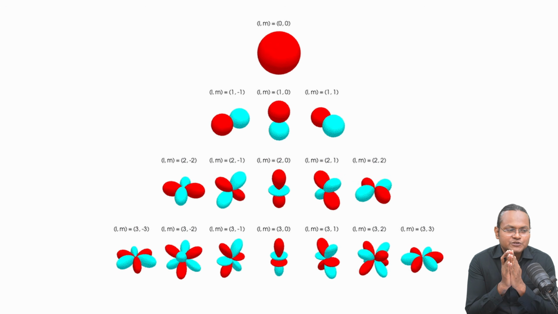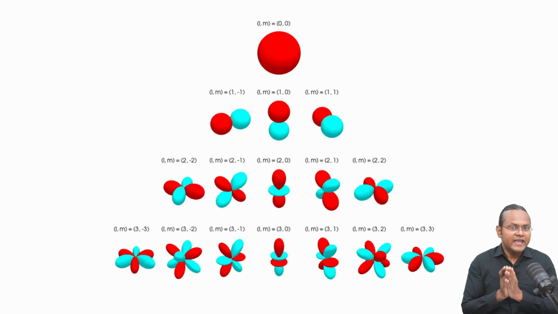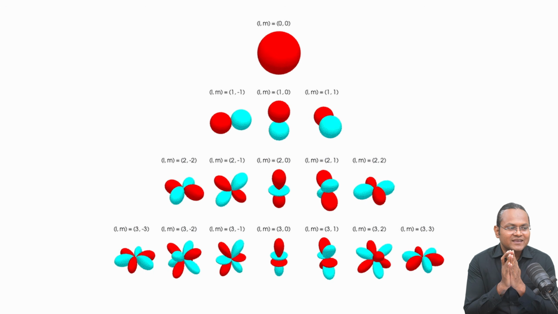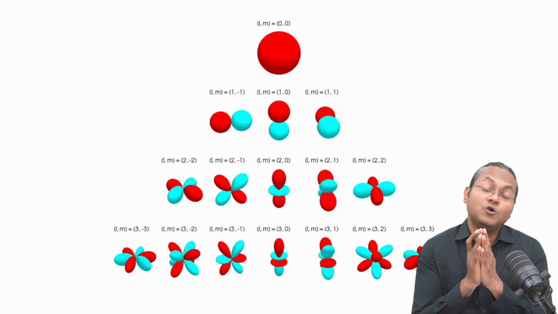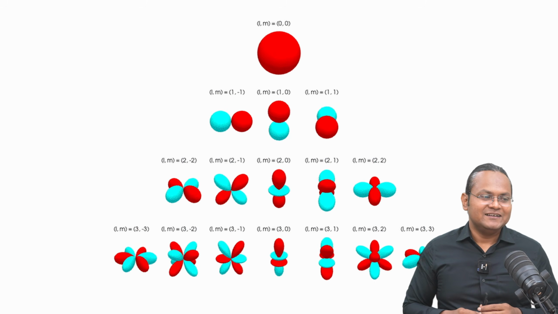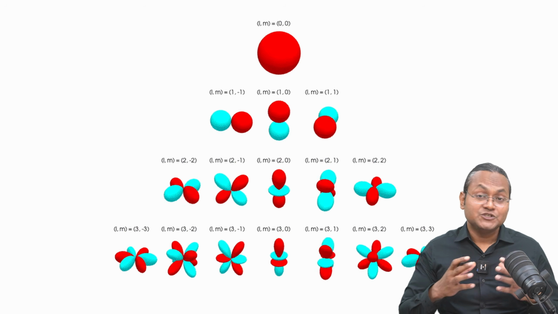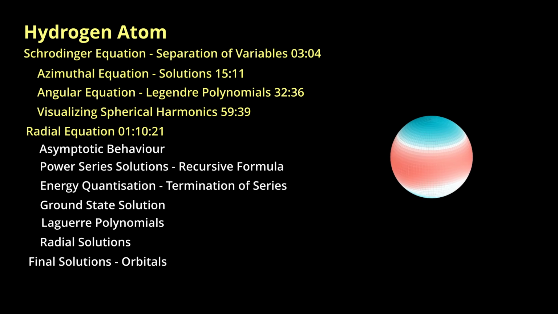And most textbooks don't really go into all these details, but I thought you might find it interesting to see the origin of these kinds of shapes. So yeah, that is very beautiful. Now, let's go back to our calculations and finally complete the problem by solving the radial solutions of the Schrodinger equation.